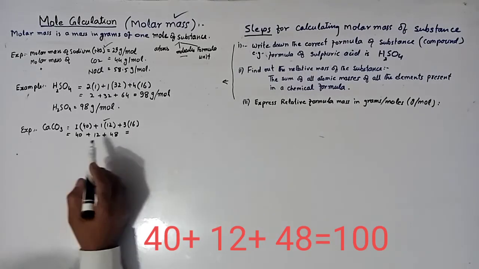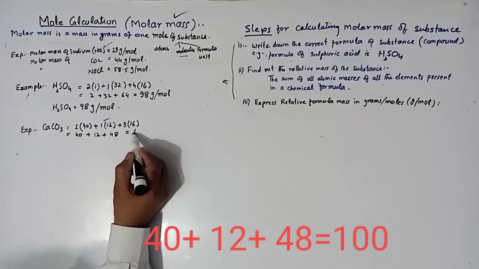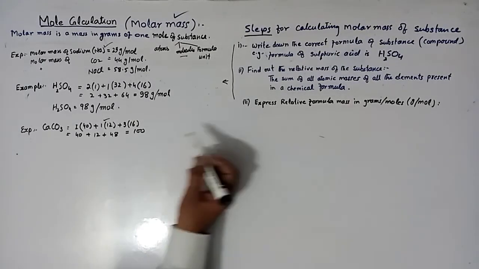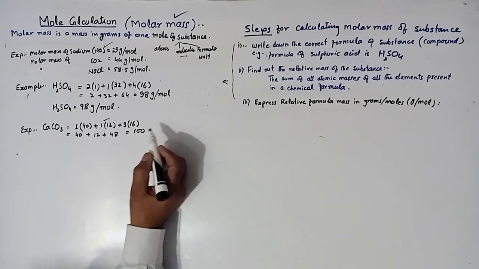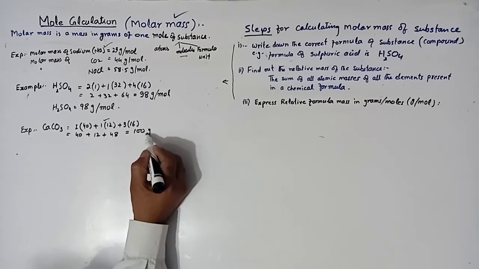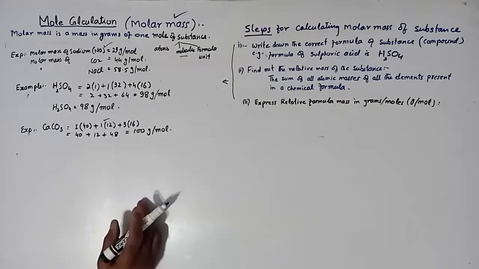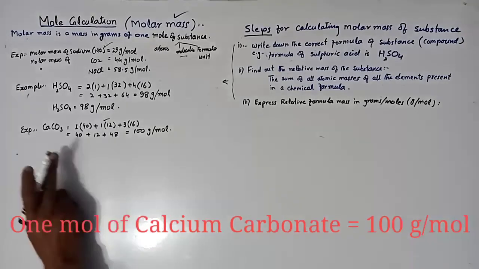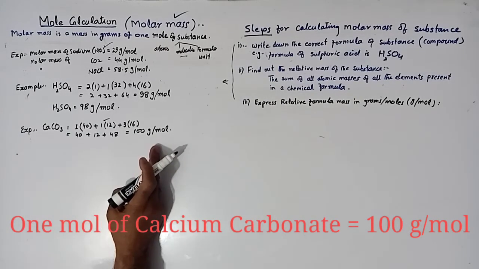The sum of 40, 12 and 48 is 100. The third step is to mention the unit. So the unit is gram per mole. This is clear. But this also should be clear that the molar mass of calcium carbonate is 100 gram per mole.